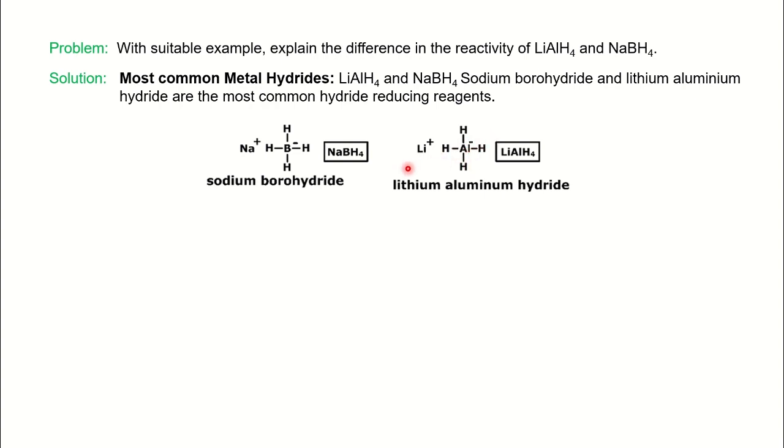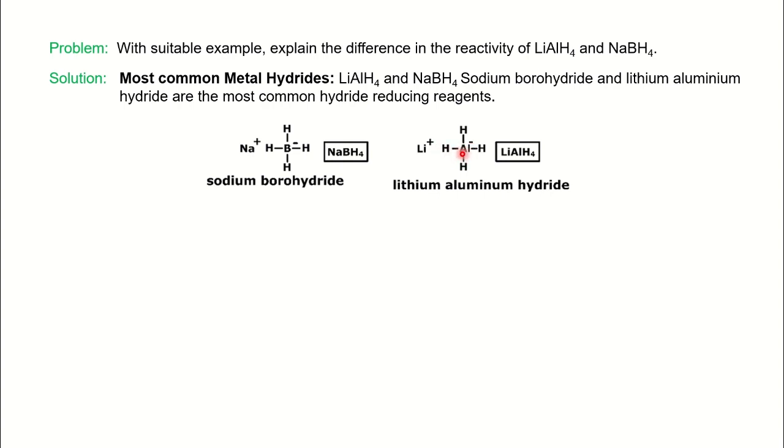As we know, if you go down in the periodic table, the electronegativity of aluminium decreases compared to boron, right? Lower electronegativity means the aluminum hydrogen bond becomes more polar, with more ionic character. So the strength of this bond becomes weak, which means it is easy to transfer the hydride from the aluminium complex rather than from boron.